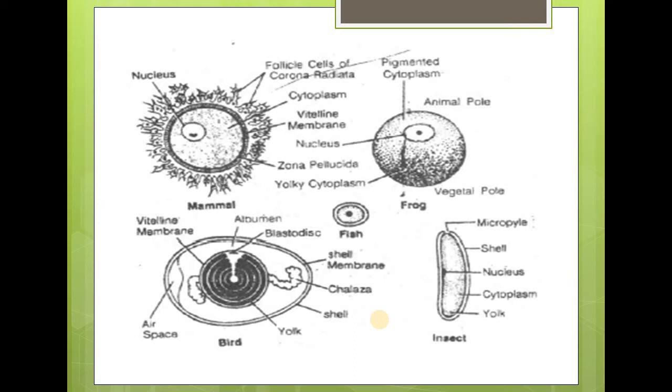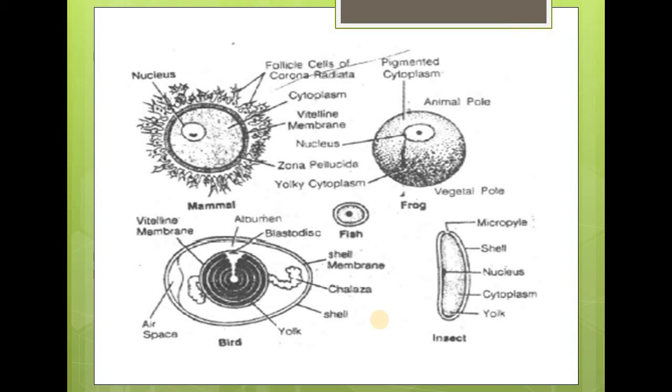The mammalian eggs contain similar membranes, known as zona pellucida. The vitelline membrane is composed of mucoprotein and fibrous protein, and usually remains closely adhered to the plasma membrane. But in later stages, a space develops between the plasma membrane and the vitelline membrane, known as perivitelline space.